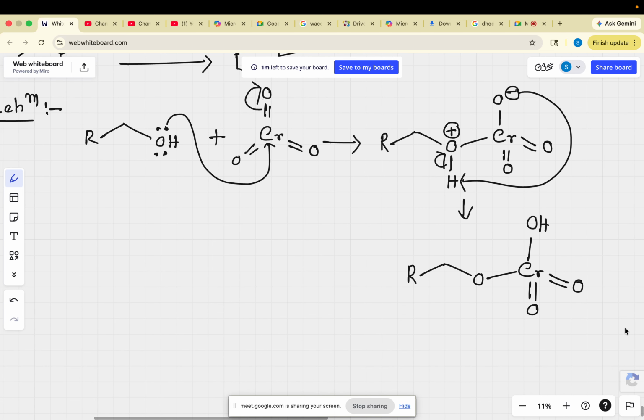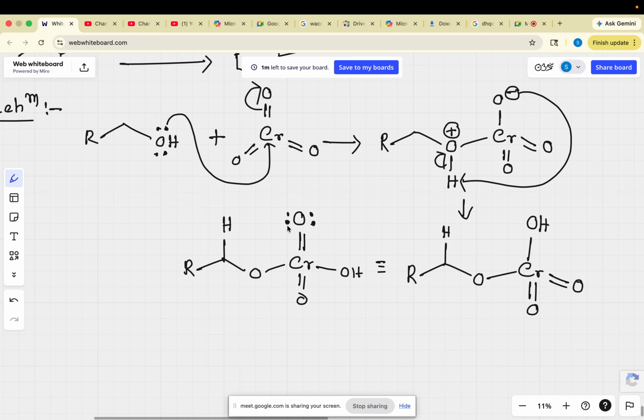Yes, sir. Okay. Now see, here you have one hydrogen. I am writing the same compound in a different style. I keep double bond O here, OH here, double bond O here, and here you have a proton.